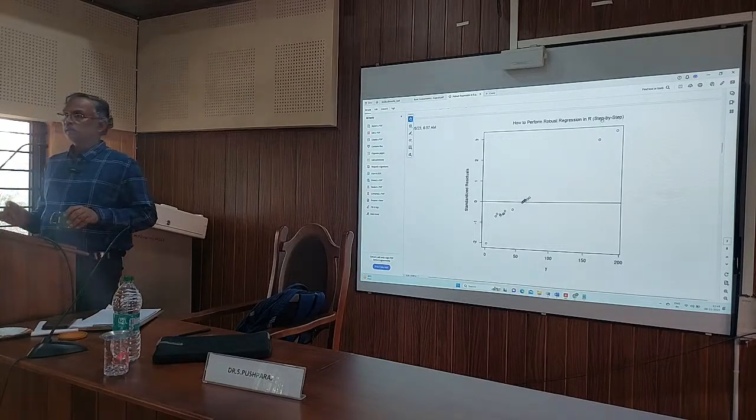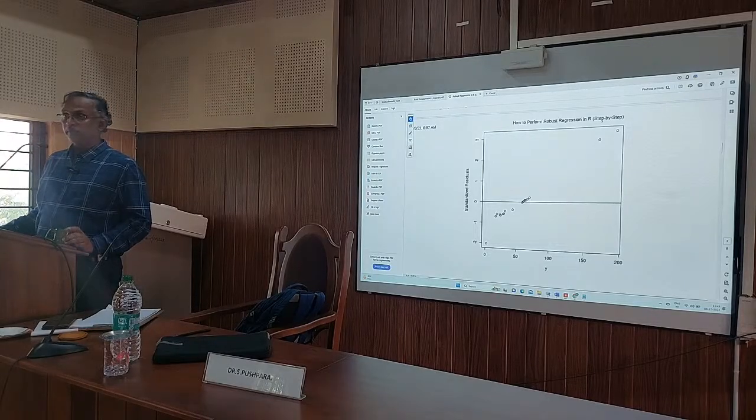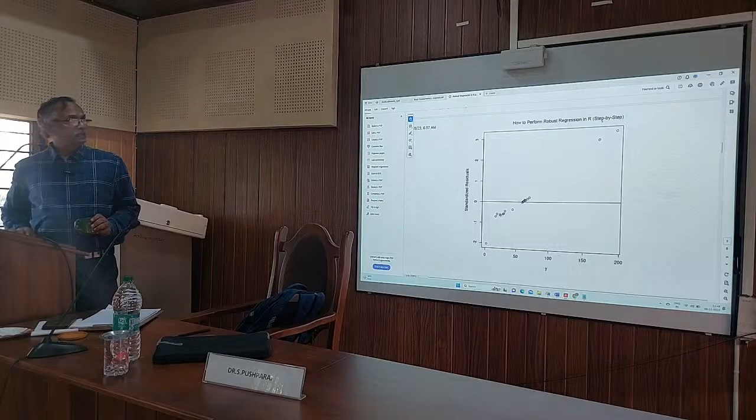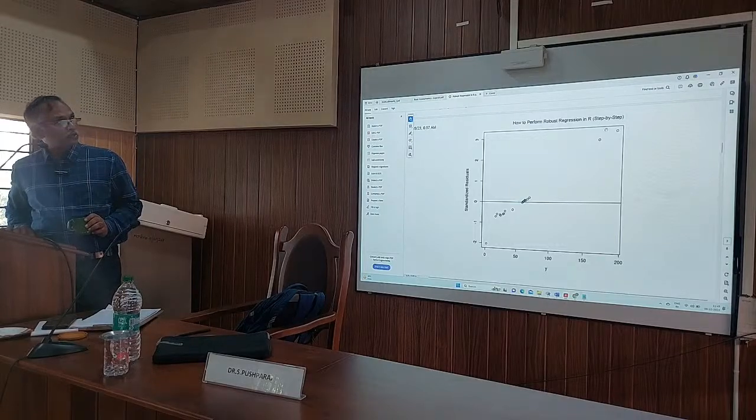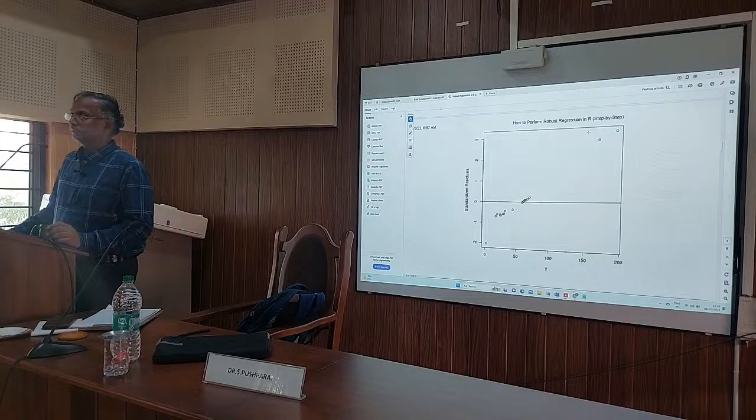If you plot the standardized residuals against the actual y, you get this, and you can see there is an outlier in this model, some distinct values in your data set.